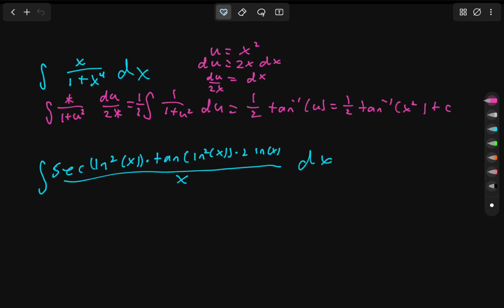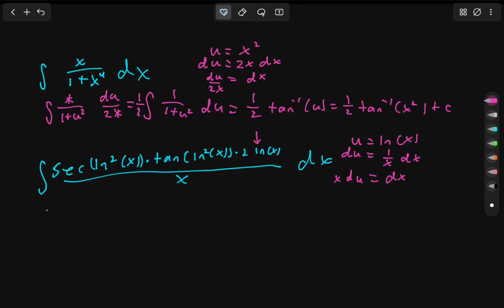So this next integral, in my opinion, is a small bit more complicated. So I think where I would like to start is maybe setting u equal to the natural log of x. So we'll say u is just going to be equal to the natural log of x. So then our du is just 1 over x dx. And solving for our differential dx, we just get dx is equal to x times by du.